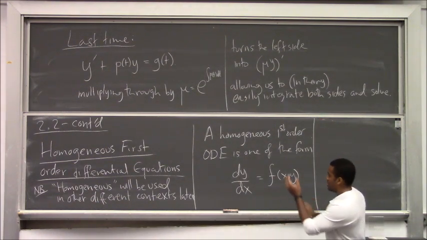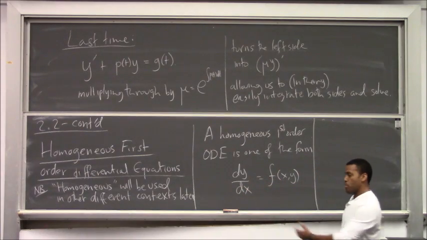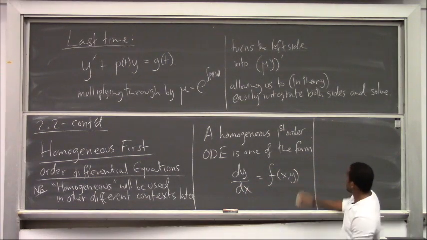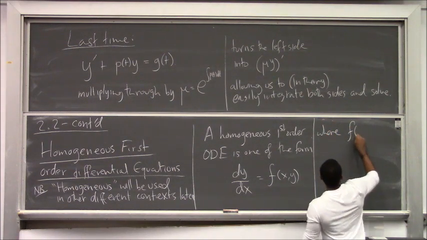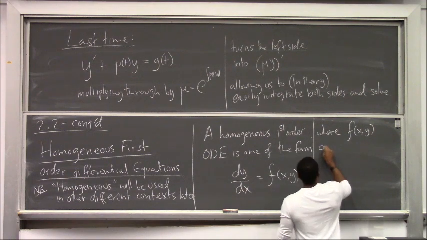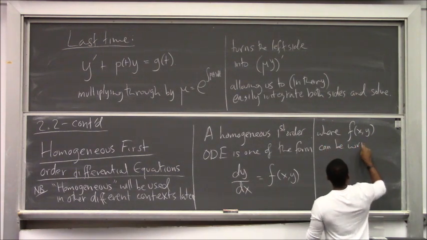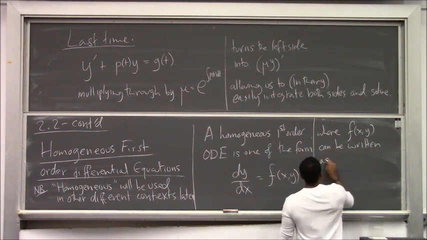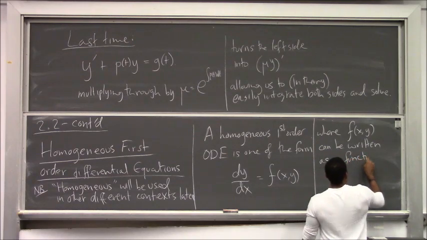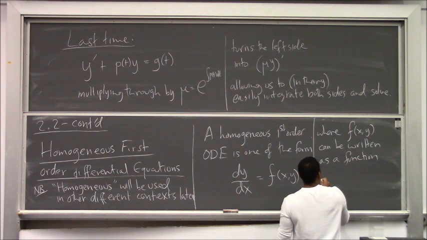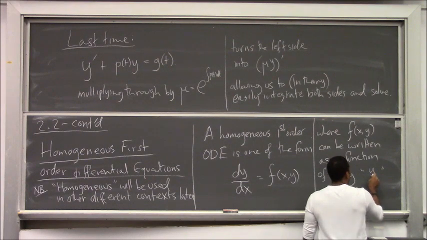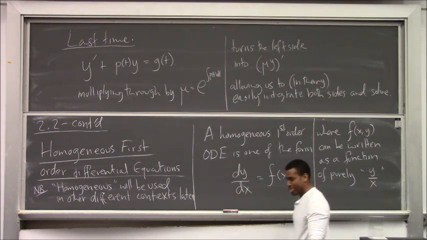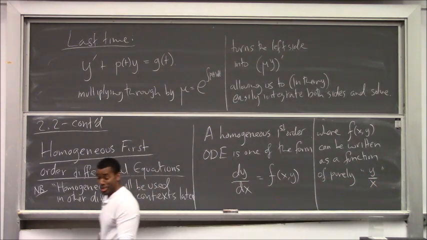If you leave the derivative on one side and bring everyone else to the other side, you notice this particular pattern where f of x, y can be written as a function purely of this variable, y divided by x. Now, again, that's a strange thing to notice, but it's something you could notice.